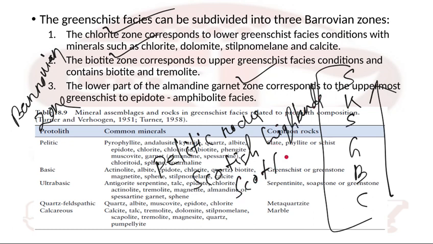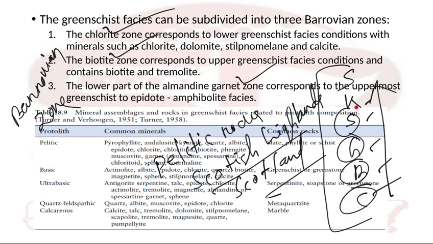Barrow studied this Scottish Highland metamorphism series, and he found that certain minerals form at certain temperature and pressure conditions. Then he found the index minerals and called them a zone. That's where the Barrovian zone came from.